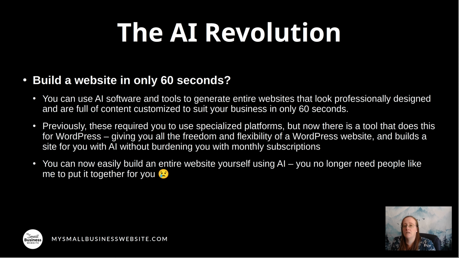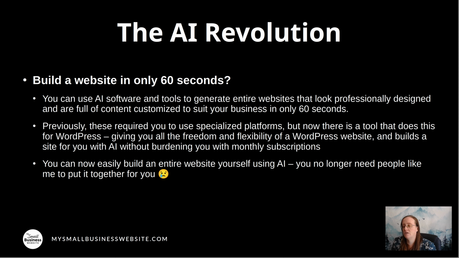And in addition, another reason why you might want to consider WordPress is that you can build a website with WordPress using AI in just 60 seconds. So there's now AI-powered software that will allow you to generate an entire website.